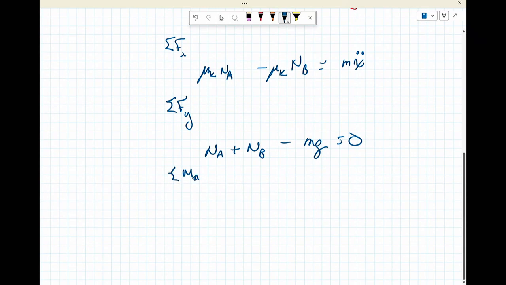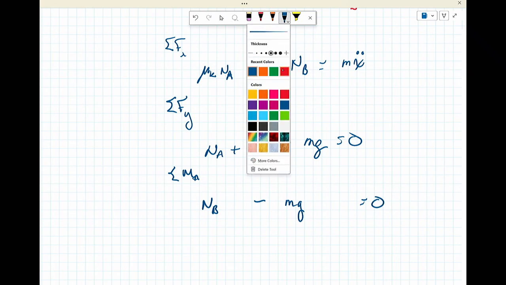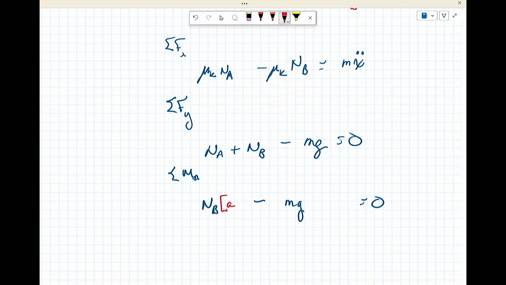And then finally, the sum of moments about A, and it would be NB times A minus mg times A over 2 plus x equals 0.